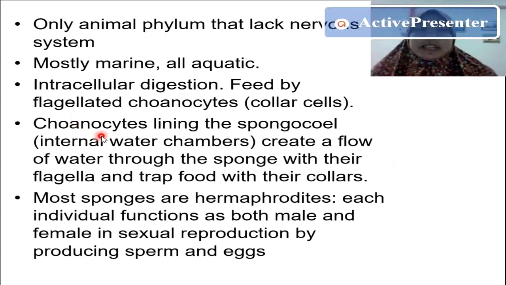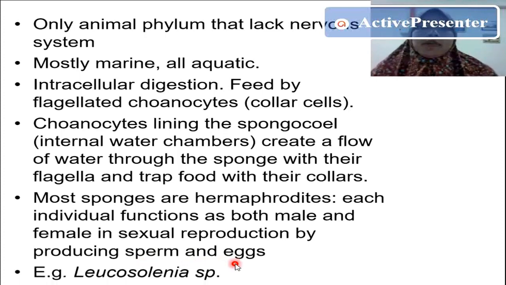This choanocyte helps the sponges to feed. Most sponges are hermaphrodites. Hermaphrodite means they have both male and female sexual reproductive structures, which produce sperm and also eggs. A common example of sponges is Leucosolenia species.